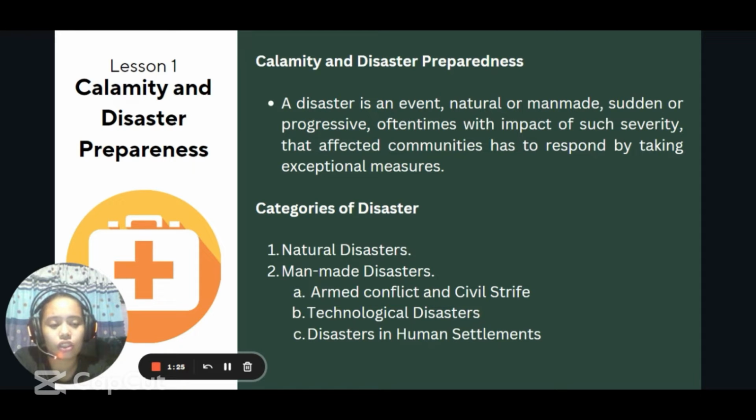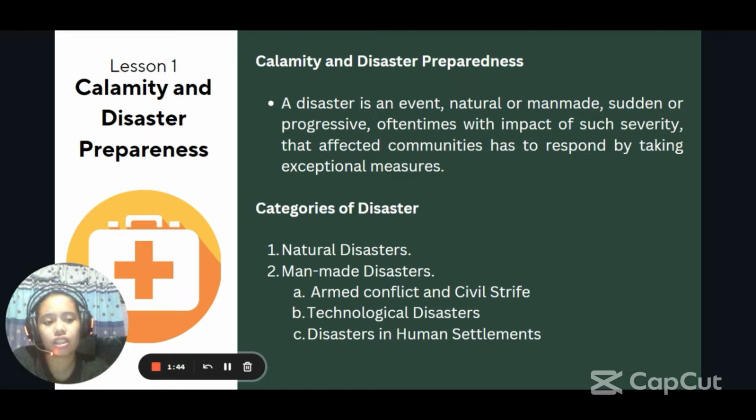Then, categories of disaster. According to Frederick 1983, disaster can be categorized into two, and these are natural disaster and man-made disaster.